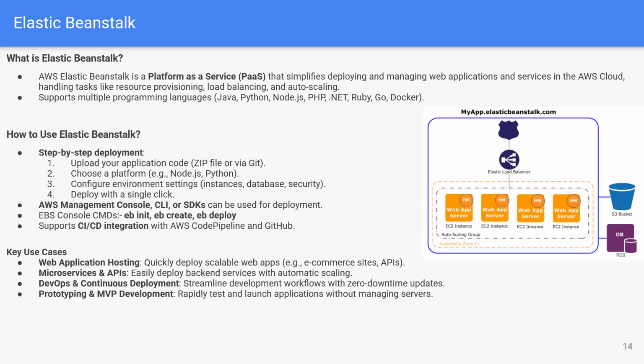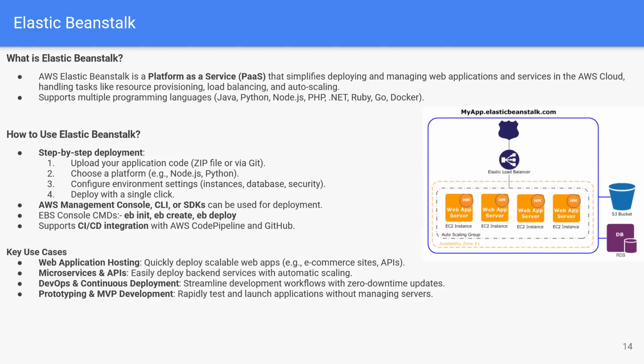The next way is to use the Elastic Beanstalk CLI, the EB CLI, to deploy our application from the command line. For that, we mainly have three commands.